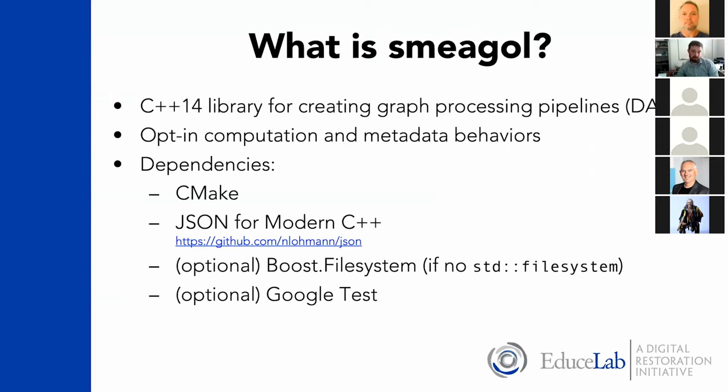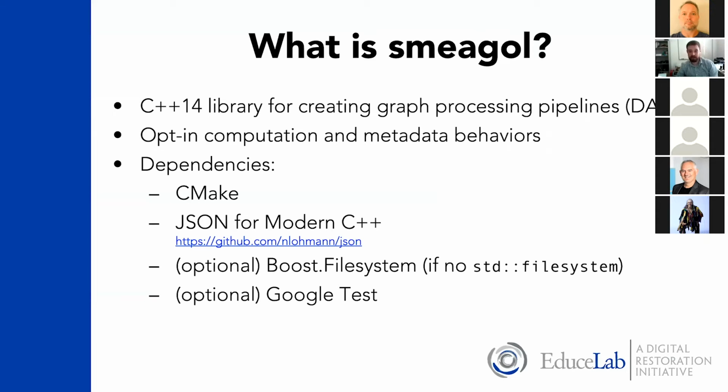Dependencies, I've tried to keep it very minimal. We use CMake for our build system on pretty much everything at the moment, C++ wise. JSON for Modern C++ is an excellent JSON serialization library that's header only and is just excellent all across the board. So if you need any sort of JSON serialization processes, I highly suggest this library.